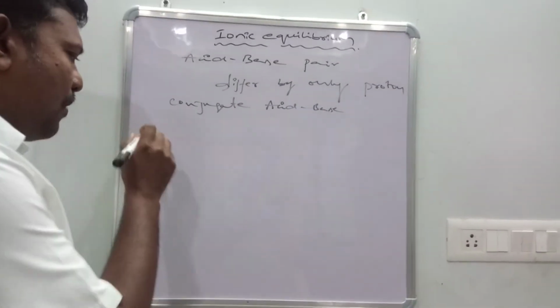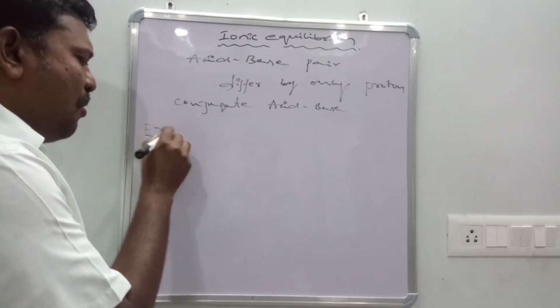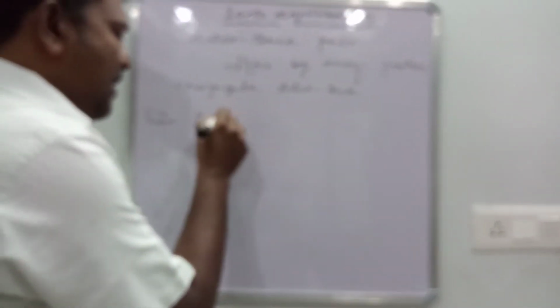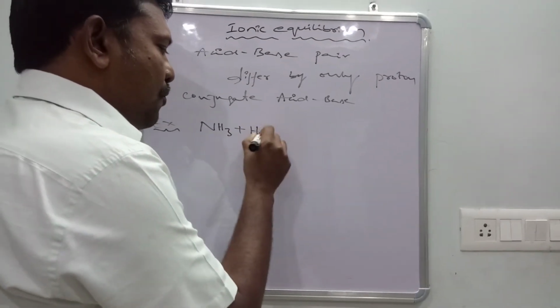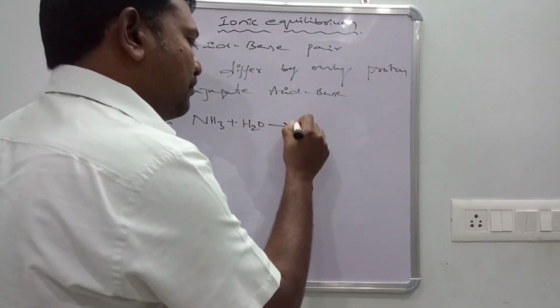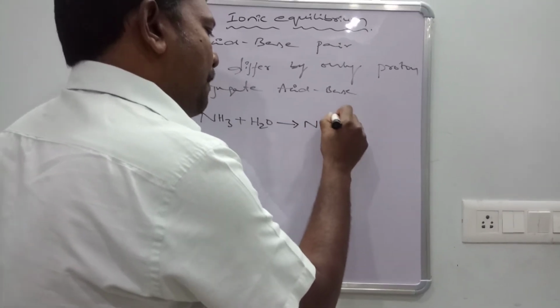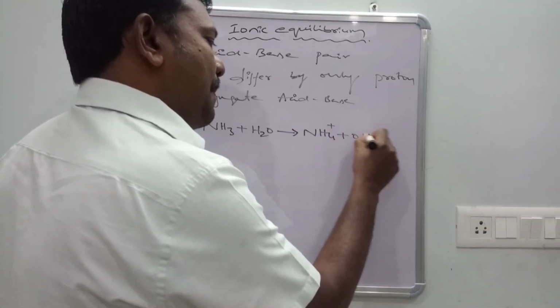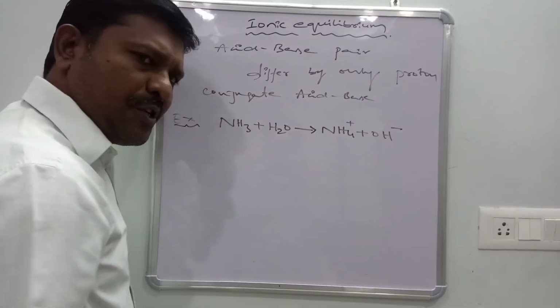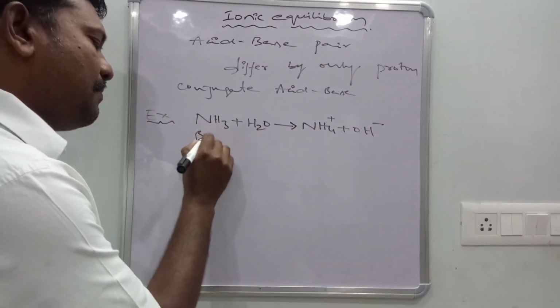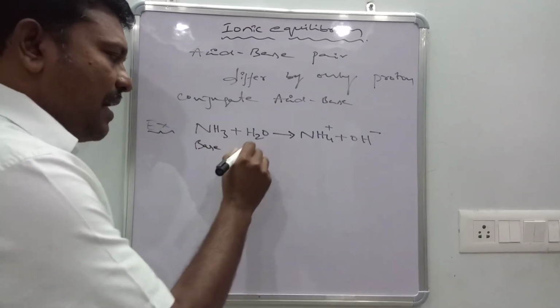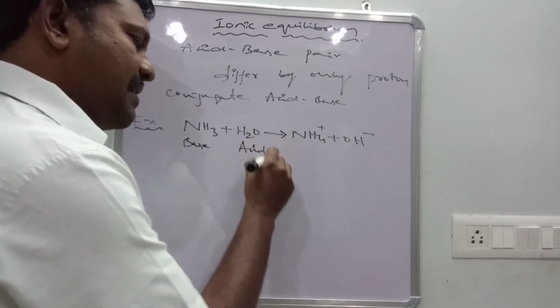For example, one more example: ammonia is hydrolyzed. NH3 plus H2O gives rise to NH4 plus and OH minus. Here, careful observation, two important bits. NH3 is the base, a Brown-Lowry base. H2O is the acid.